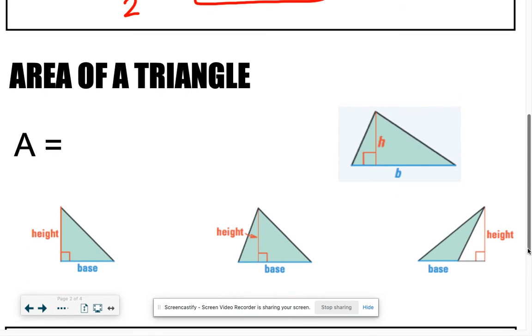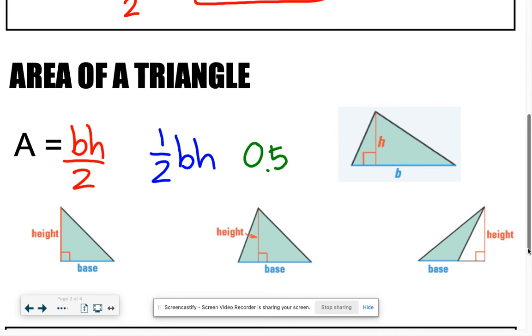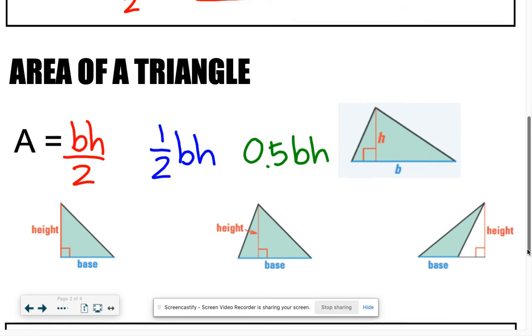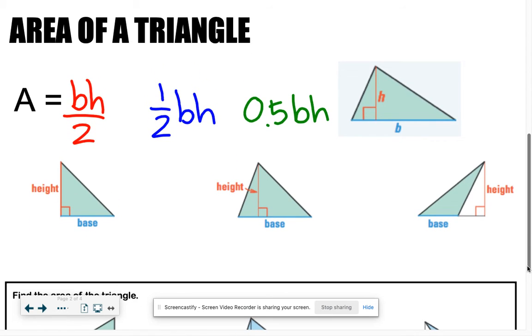You can write it a few different ways: base times height divided by 2, or like a fraction, half base times height, or if there's any decimal people out there, 0.5 base times height. Whatever way you like, it all means the same thing.